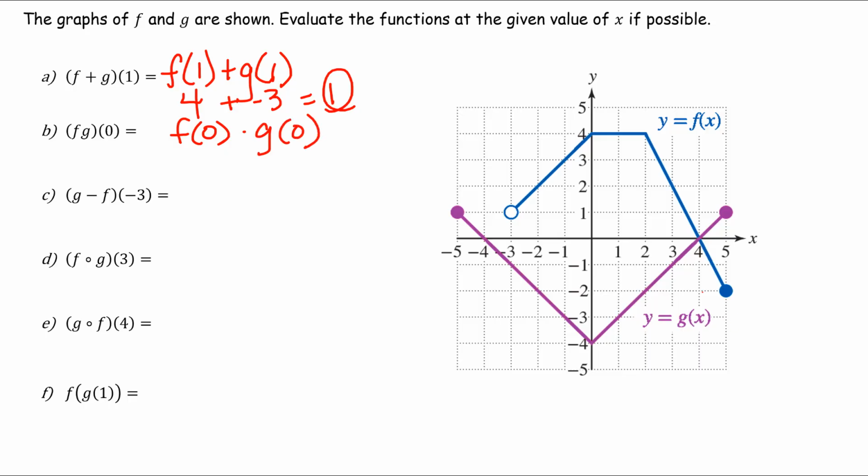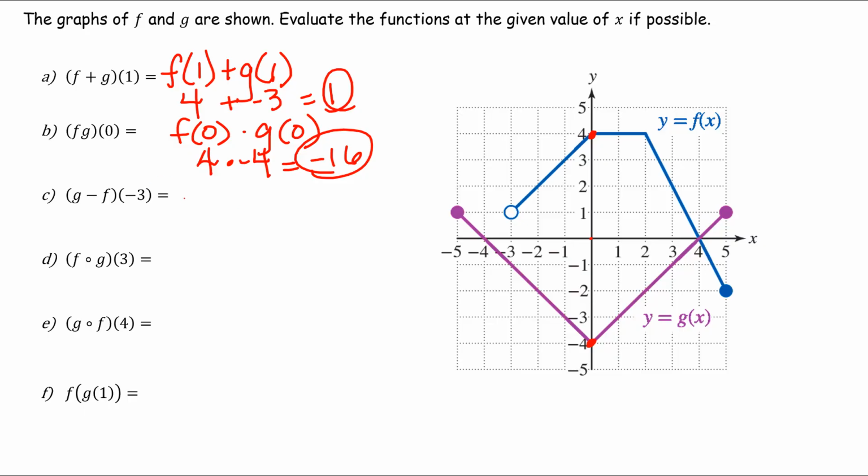All right, so f of 0, that happens when x is 0, and the value of the blue function f is 4. So 4 goes there. G of 0, the value of the purple function when x is 0, is right here. It is negative 4. And that is negative 16.